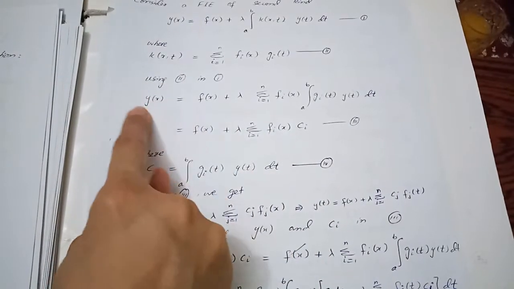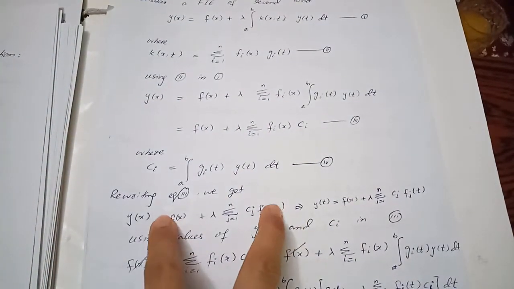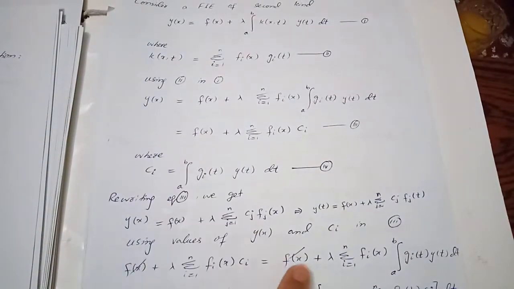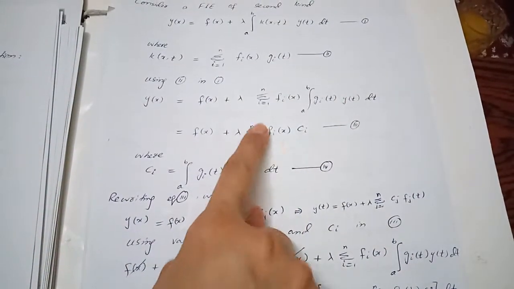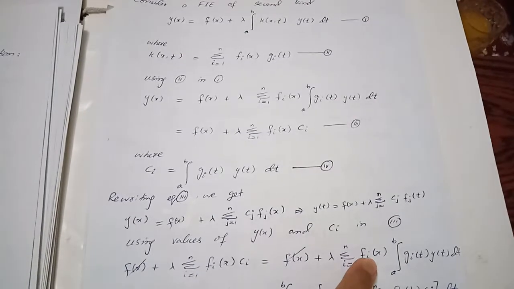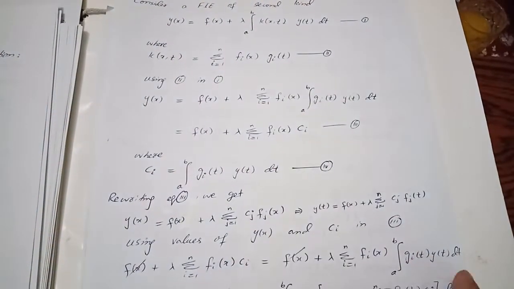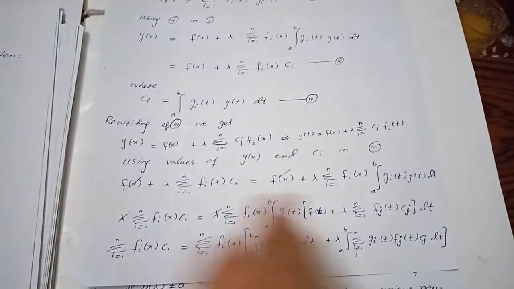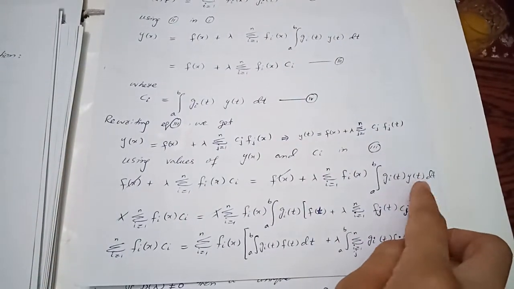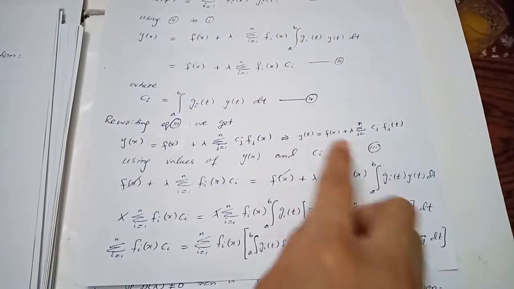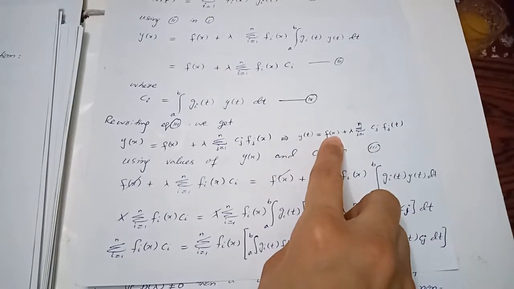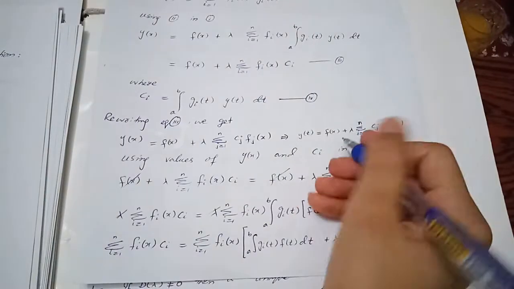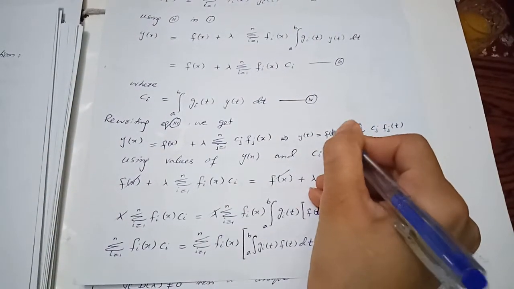So on the left side I have y of x, so use this y of x here equals this f of x plus lambda summation i equals 1 to n f i of x, and use the c i here, this integral. Now after using the value of c i, you can see we have y of t here. This is y of t, so this will be f of t. So let's correct it. Here we have f of t.